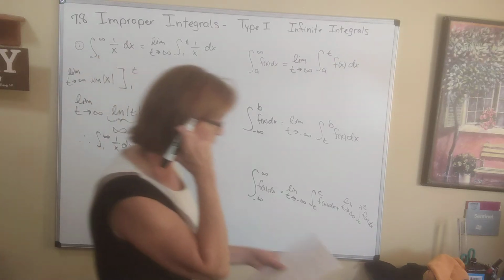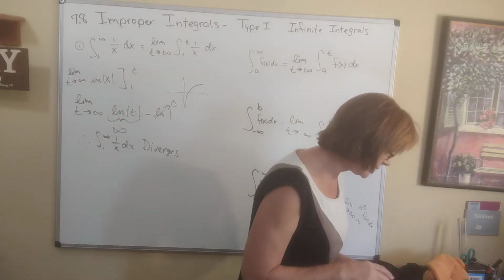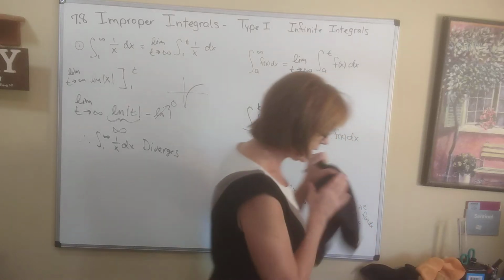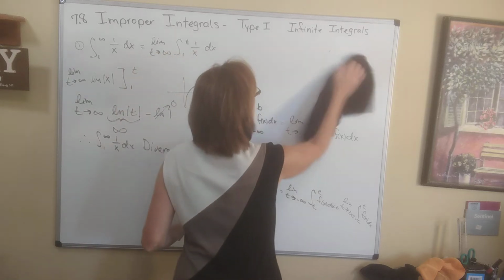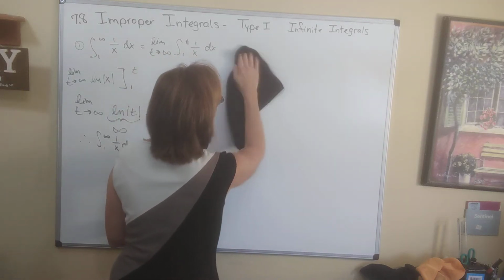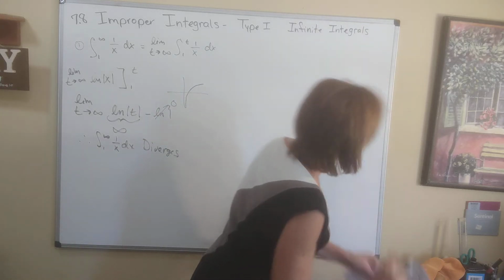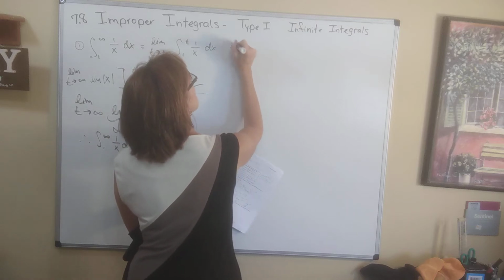The second one we'll consider is we're going to evaluate the integral from negative infinity to 0 of x e to the x. Okay, let's do that. Number 2. Negative infinity to 0 of x e to the x.